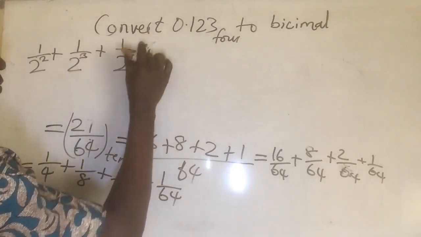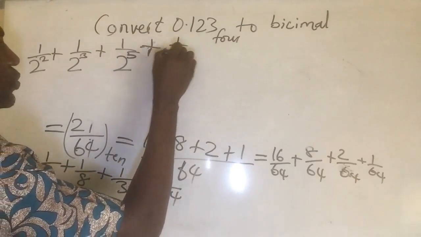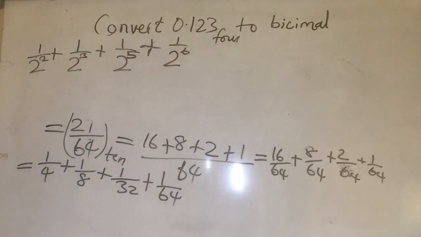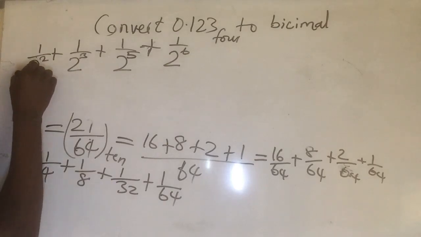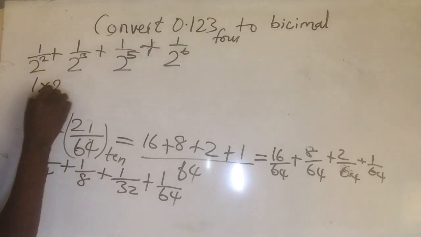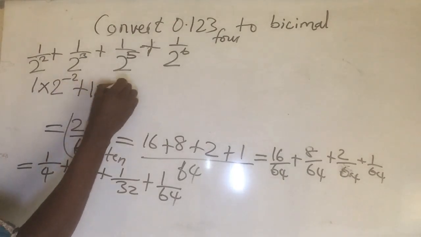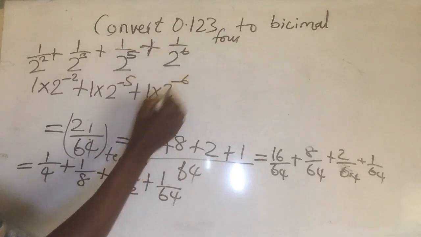Plus 1 over 2 raised to the power 6, which will give us 64. This number still means 1 times 2 raised to the power minus 2, plus 1 times 2 raised to the power minus 5, plus 1 times 2 raised to the power minus 6.